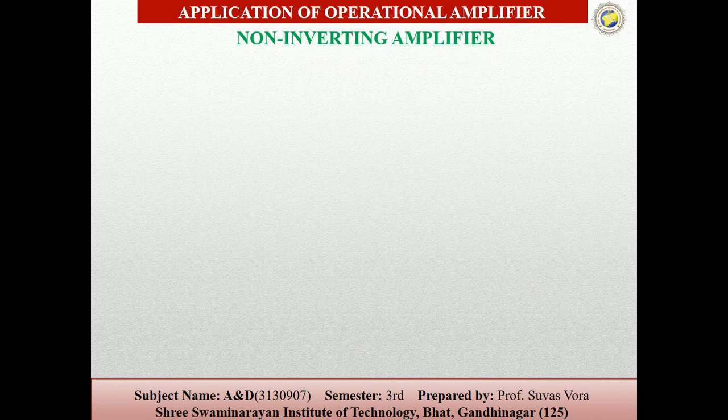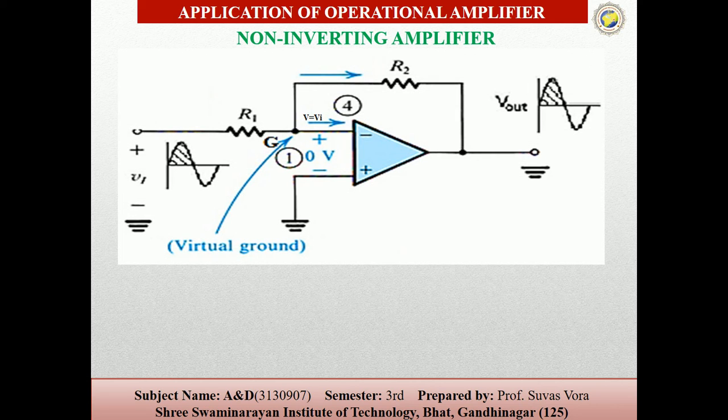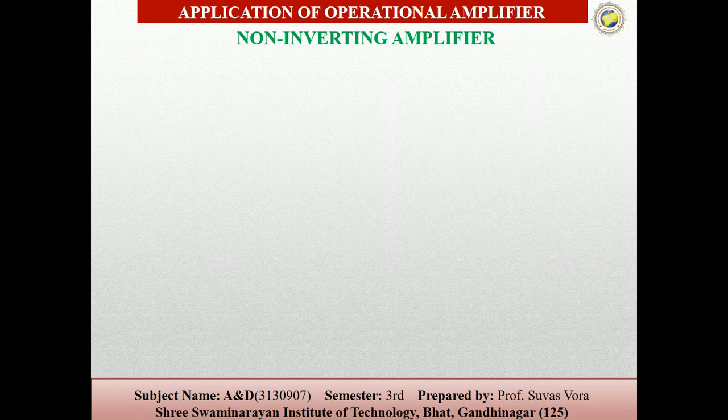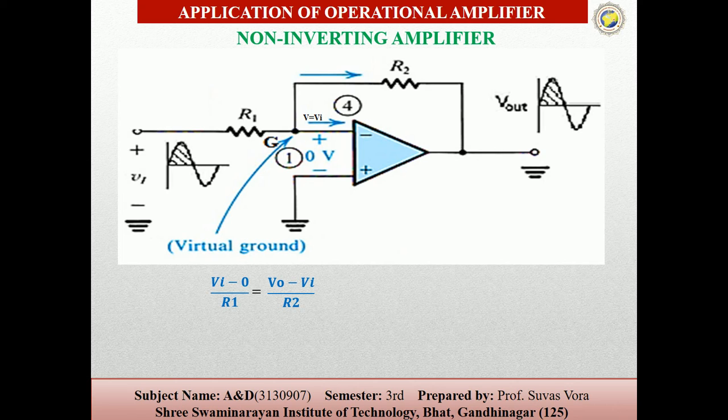Now we can talk about the similar way for the non-inverting amplifier, when we give the input in the non-inverting amplifier. So in a similar way we have the equation Vi minus V0 upon R1 equal to, here the change will be that the output V0 minus Vi upon R2, so that Vi minus V0 upon Vi equal to R1 upon R2.